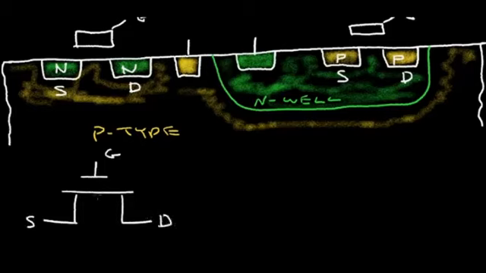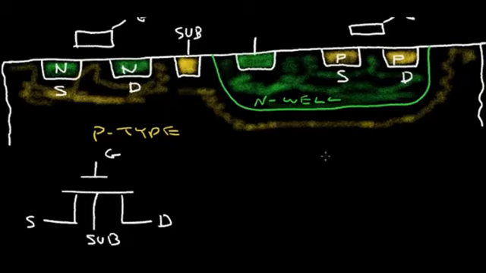And there's actually a fourth terminal, and this fourth terminal is the substrate connection. I'll call it SUB, and that's this connection here. And that connects to the p-type silicon material.